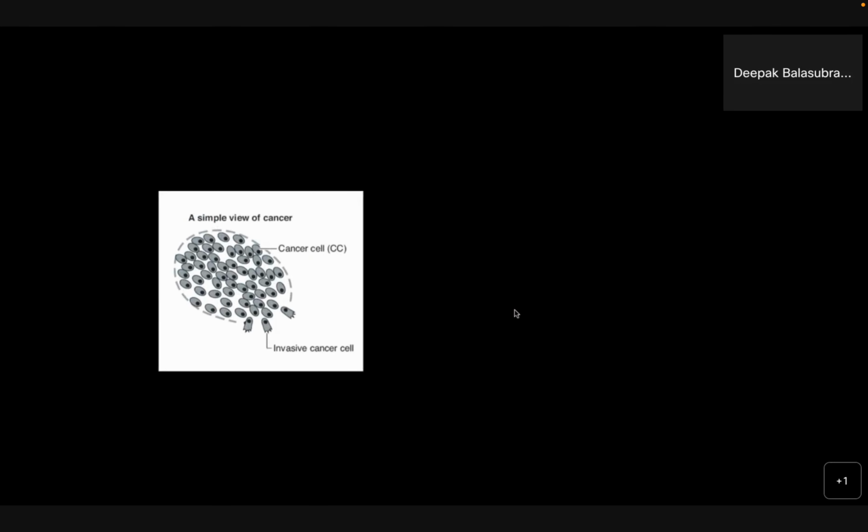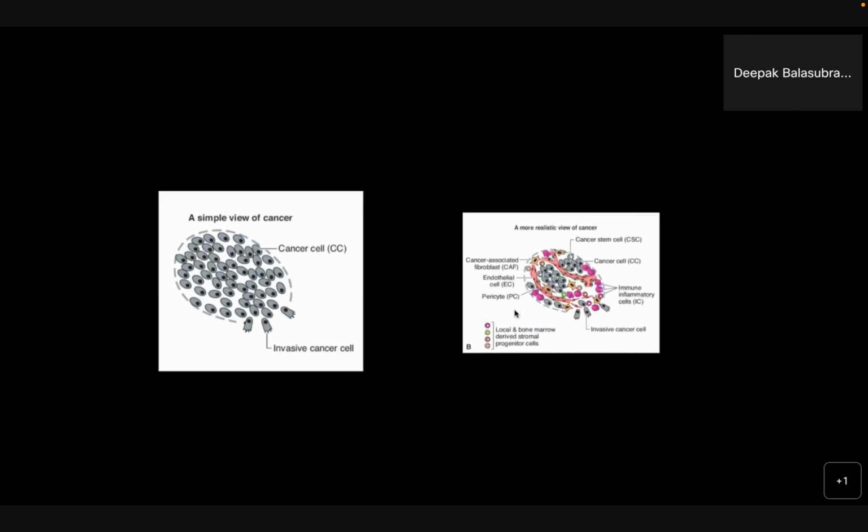You assume that it's a mass or a lesion that contains cancer cells. And that is all that we think of as a tumor. And if the tumor breaches the tumor capsule or invades the lymphatics or vasculature, it becomes an invasive carcinoma when it leaves the primary site and becomes regionally metastatic or distantly metastatic.